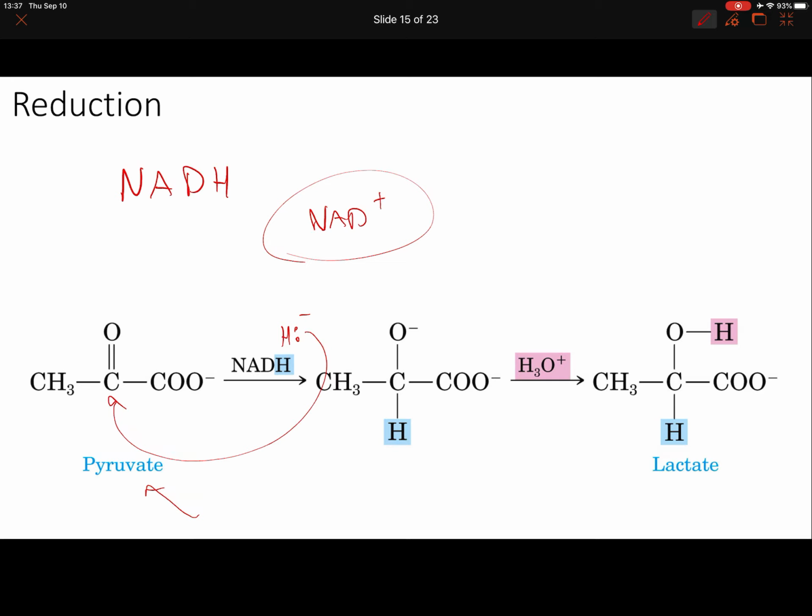And so this reaction becomes very important. This happens in your muscles when you work out too much and you don't have good oxygen flow: pyruvate, which is the breakdown product of glucose, gets converted into lactate, which then becomes lactic acid in your muscles. But that is so that we can get NADH to turn back into NAD+, so that it can keep making more pyruvate and using up glucose.